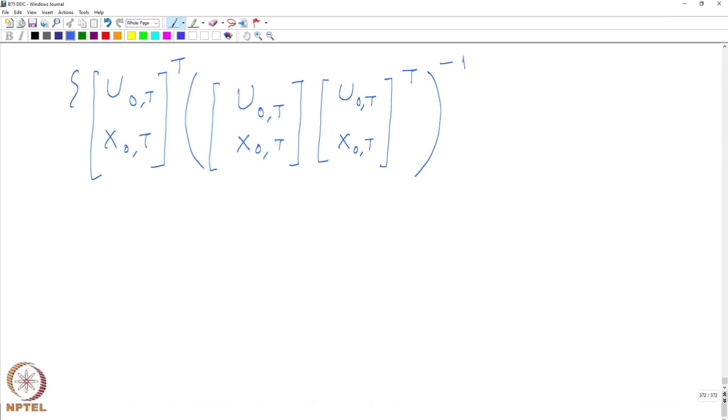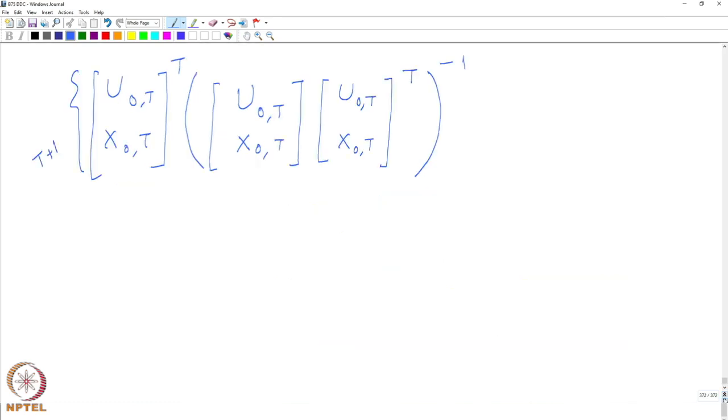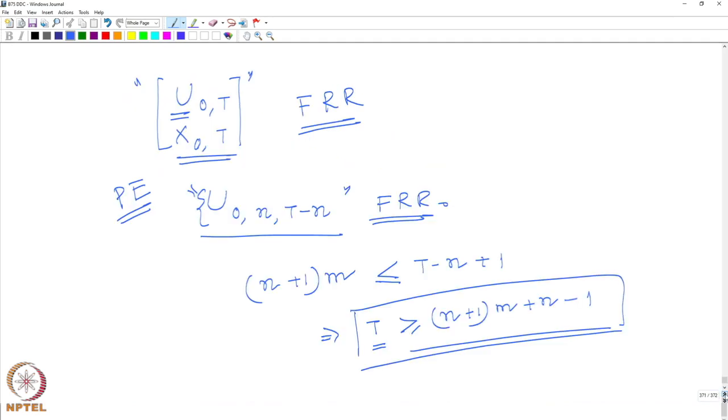This has t plus 1 rows, and it has n plus m columns. And I just checked that this condition, which I need for persistency of excitation, also means that, as a result, t is bigger than or equal to n plus m, which is good because that means these matrices are also fat matrices.